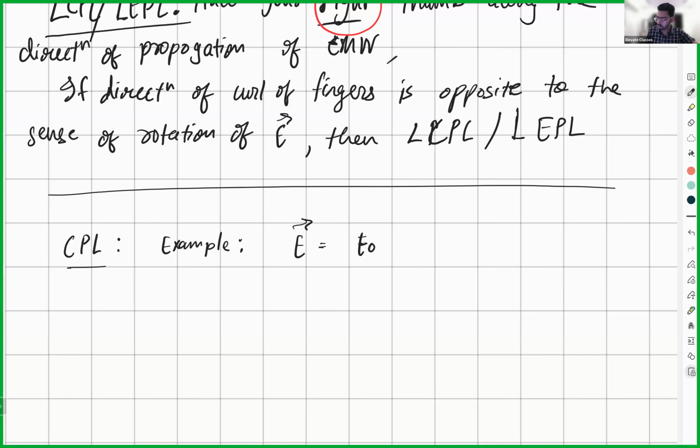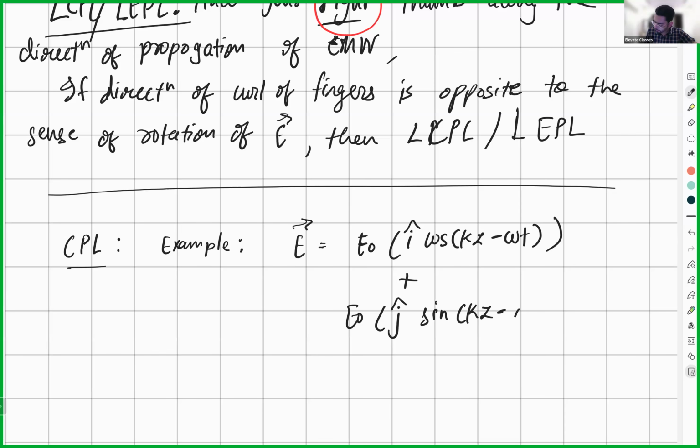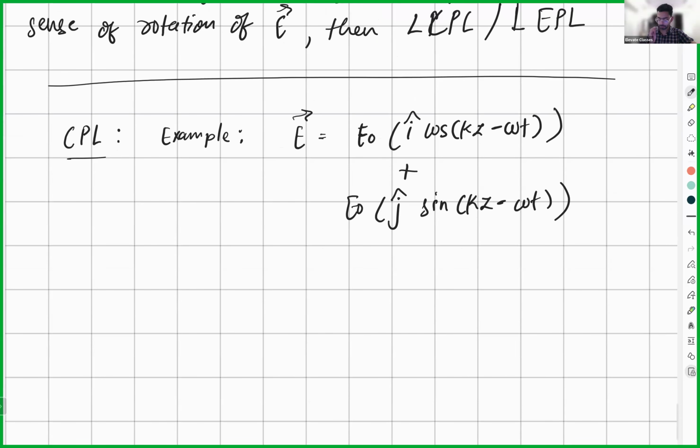E naught i cap cos(kz minus omega t) plus E naught j cap sine(kz minus omega t). This is my electric field.